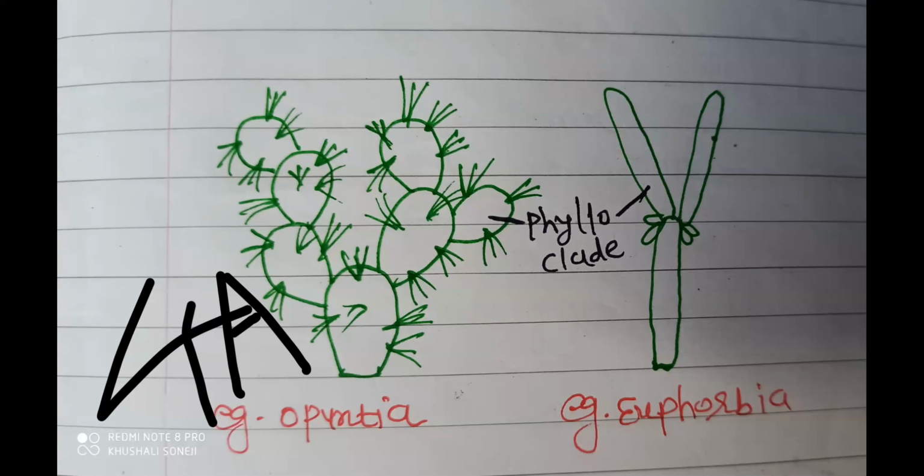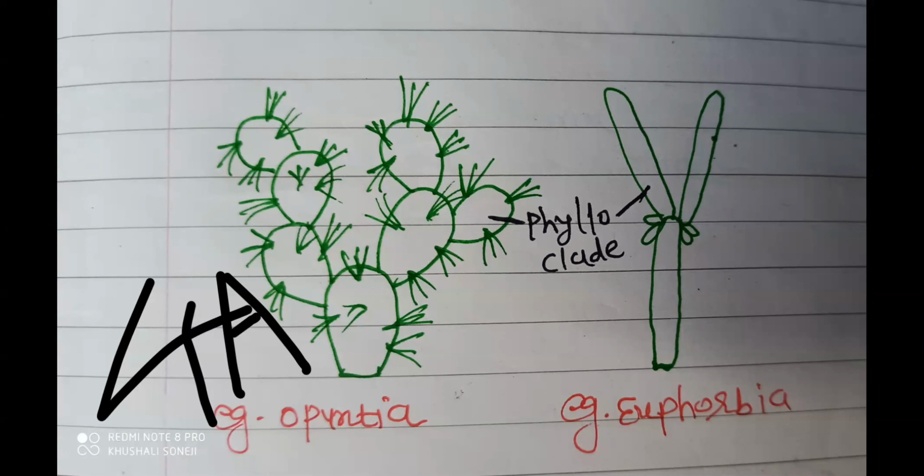Okay, and that modified stem we call now? Spines. Sorry, modified stem. Thorn. We call them thorns. No, the modified stem which performs photosynthesis, that we call? Okay, cactus.